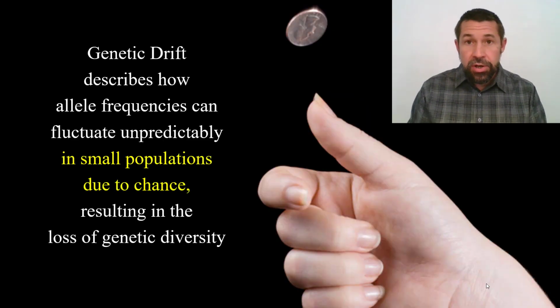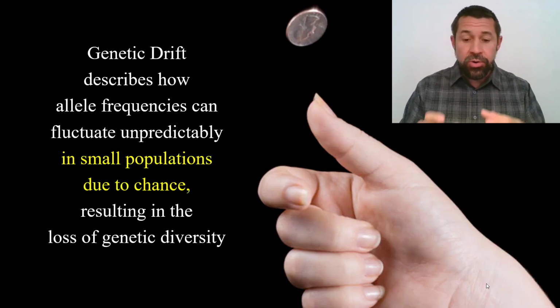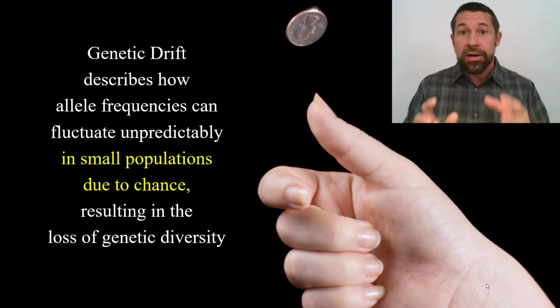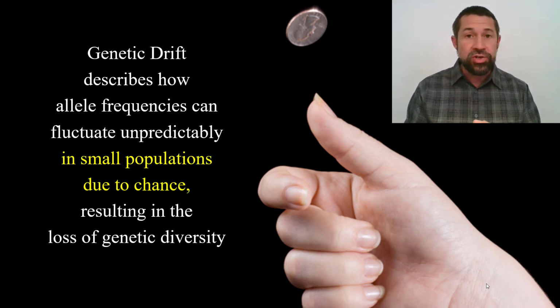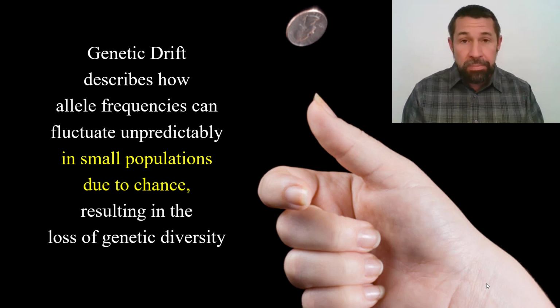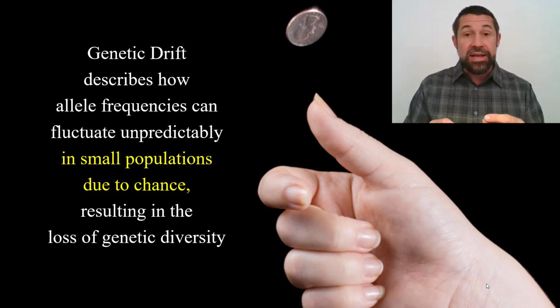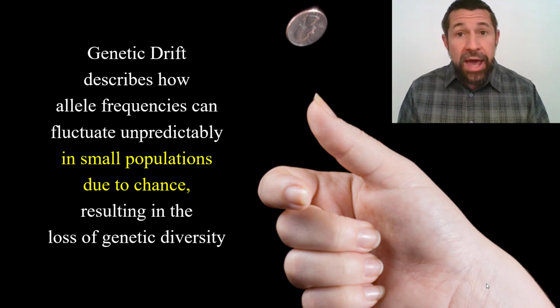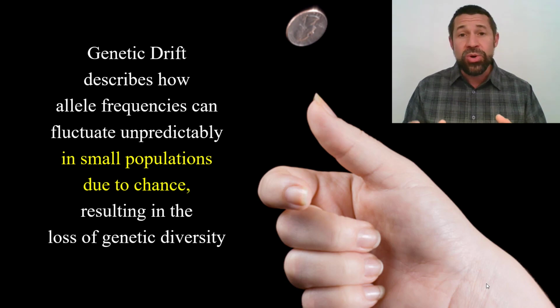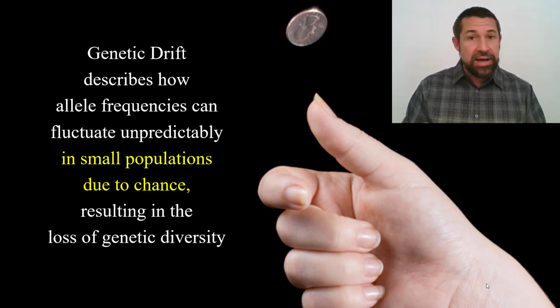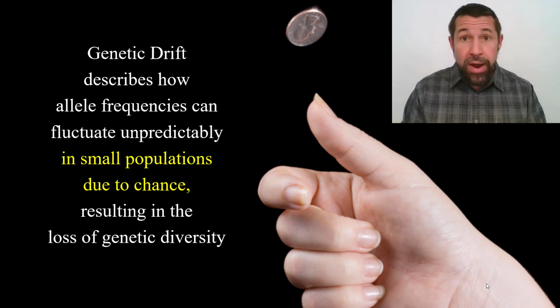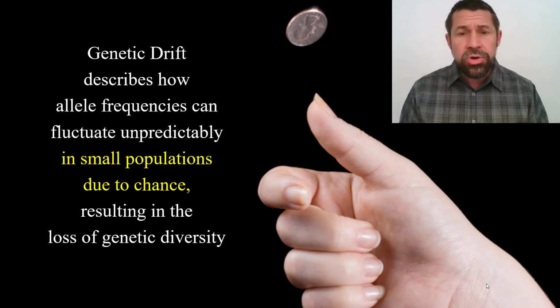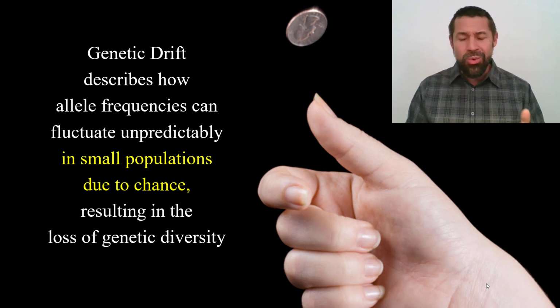Genetic drift refers to the radical change that we can see in allele frequencies from one generation to the next when the population size gets really small. And then chance or randomness, sometimes referred to as stochasticity, has a much, much greater impact on the population. Why would chance play a larger role when the population gets small?